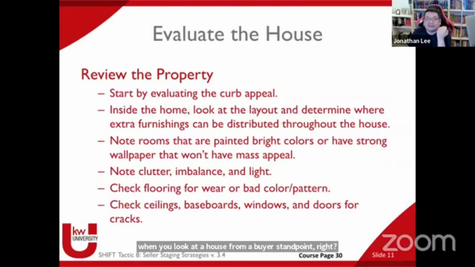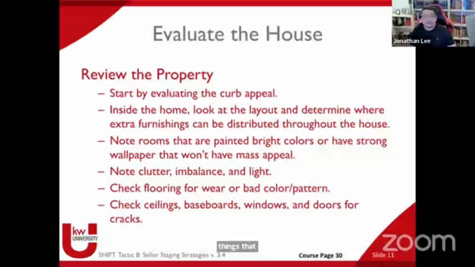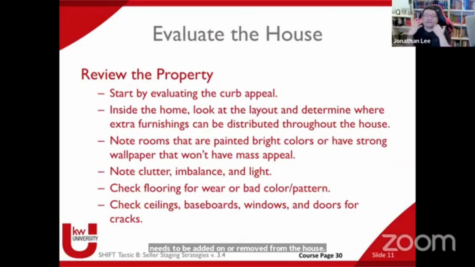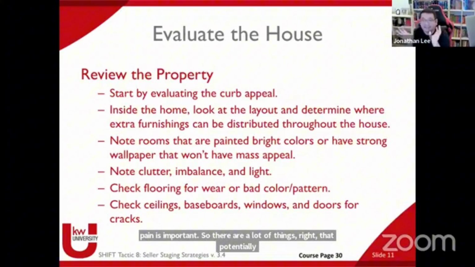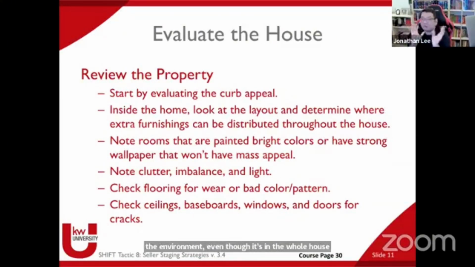Look at the layout, determine if you can put in extra finishing. What are some of the things that need to be added on or removed from the house, right? The paint is important. So there are a lot of things, right, that potentially change the environment, even though it's in the whole house. Paint, colors, wallpaper, right? Check what's the wear and tear, what's the condition. Do you know the condition of the property?